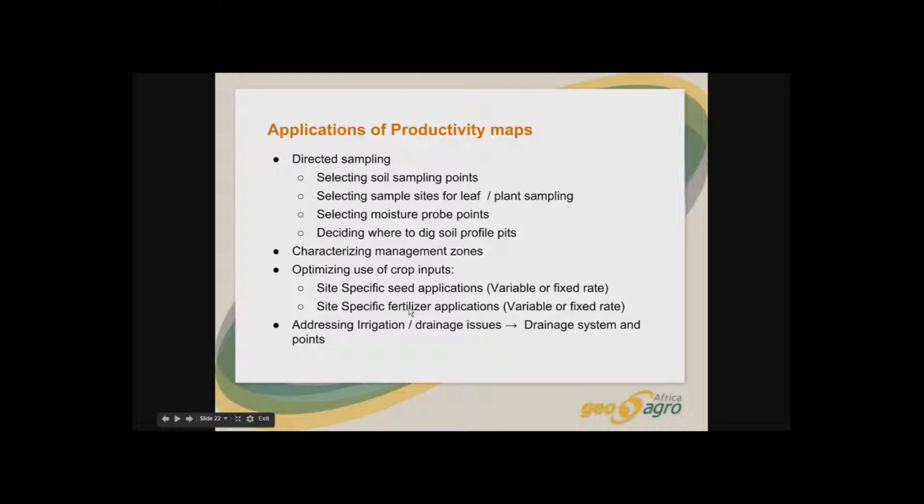What we see in most markets is that fertilizer applications are the most immediate type of use, and seed application, especially in corn seed, which is very expensive, also has great potential for profit. Those are the two main crop inputs that will be regulated according to the site-specific criteria. And then, of course, addressing irrigation and drainage issues, focusing on the drainage system and points.